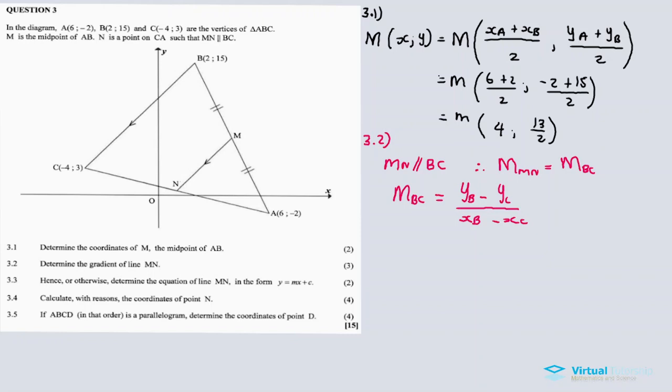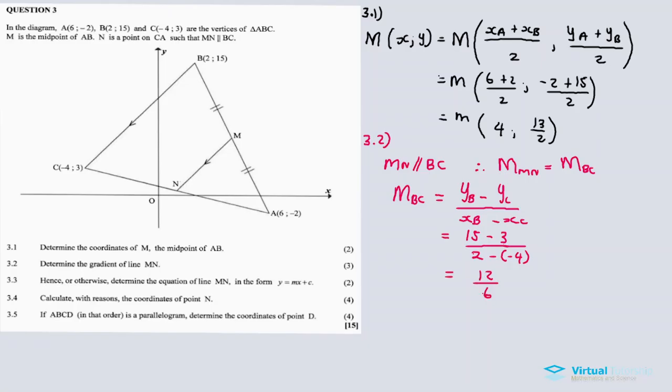So we substitute: YB is 15, YC is 3, XB is 2, and XC is minus 4. 15 minus 3 is 12, divided by 2 minus minus 4, which is 6.